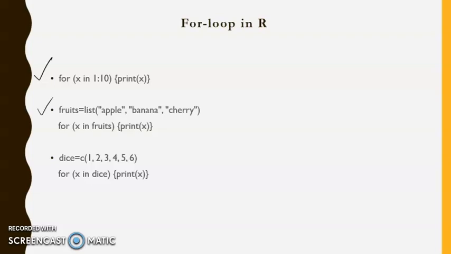So it says for, open parentheses, close parentheses. Here it says for x in 1 to 10. So this 1 to 10 means 1, 2, 3, 4, and like that it continues until 10. So it says for x in this, print.